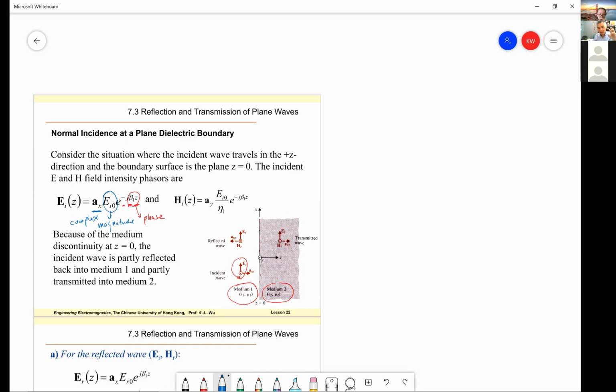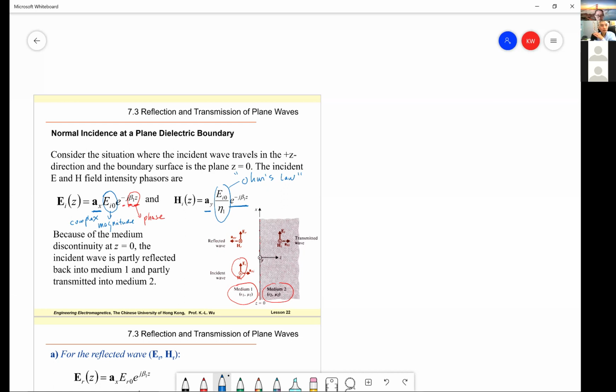Then once we describe the electric field, we can describe the magnetic field because the phase term is the same, but the magnitude follows Ohm's law. This Ohm's law, I put in quotation marks, is a name called by me, just for ease of remembering. How do we determine the direction of polarization for the magnetic field?